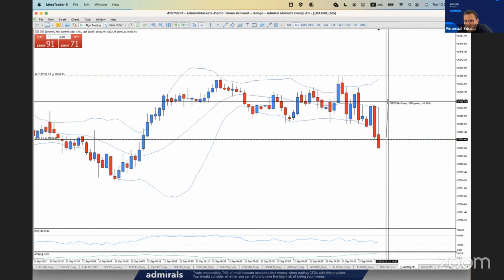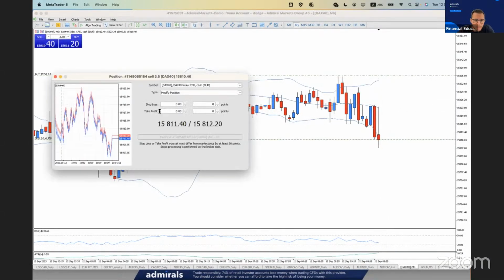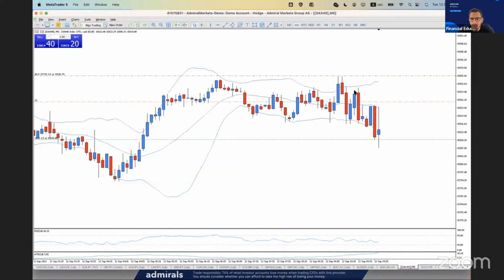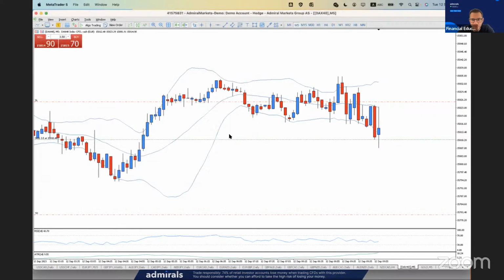I will go for a 15 pip stop loss, 15 points. I will delete the buy stop order, and I will go for a take profit of 30 points.